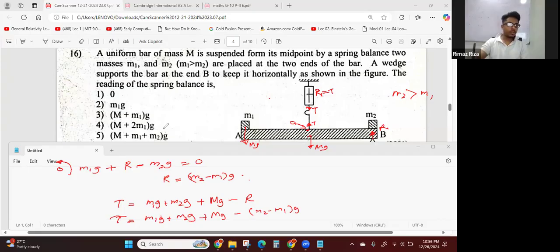So the answer is option 4: capital M plus 2 M1 G.